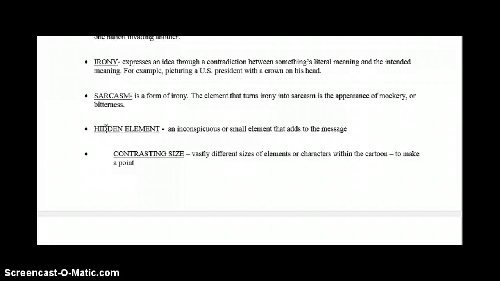A similar type of technique is called contrasting size. In this type of technique, the cartoonist uses vastly different sizes in order to make a point. In other words, characters or elements within the cartoon are very different in size. Another type of political cartooning technique is called stereotyping.